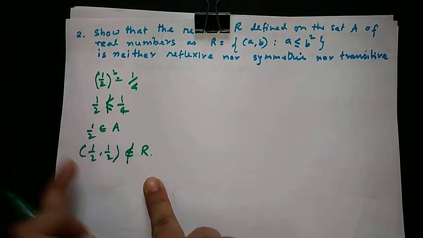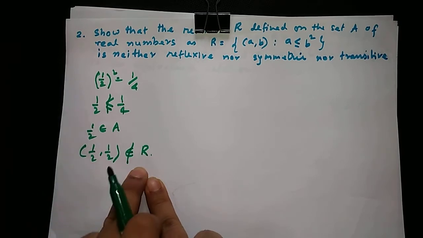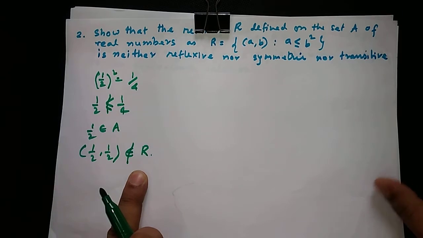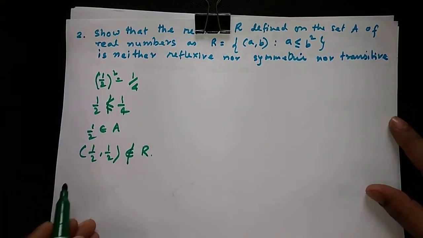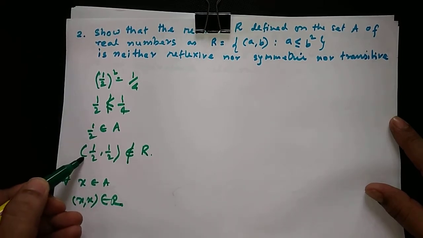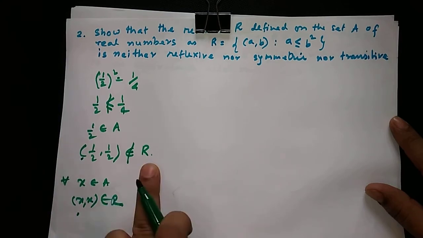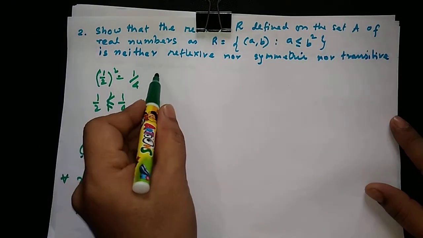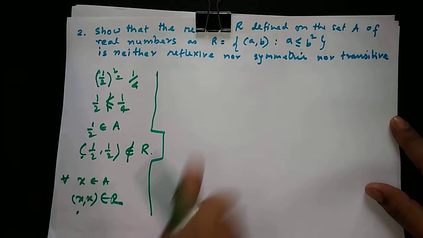If you recall, the reflexive nature was: for all x belonging to A, (x, x) must belong to R. Now there is an x belonging to A such that (x, x) does not belong to R, so this relation is not reflexive.